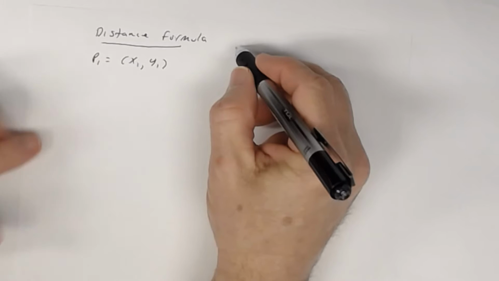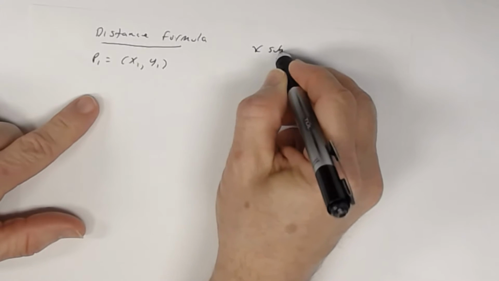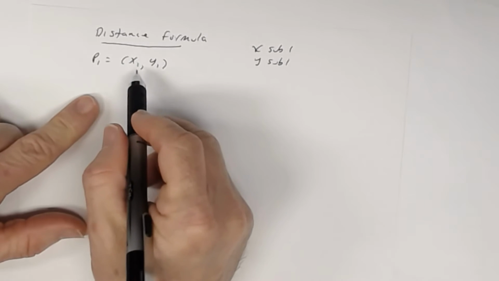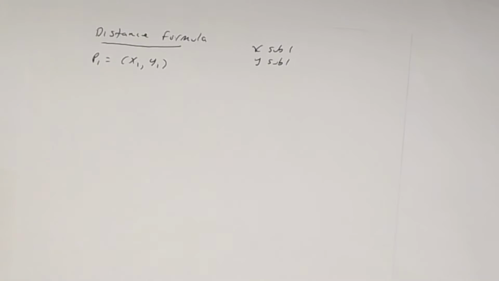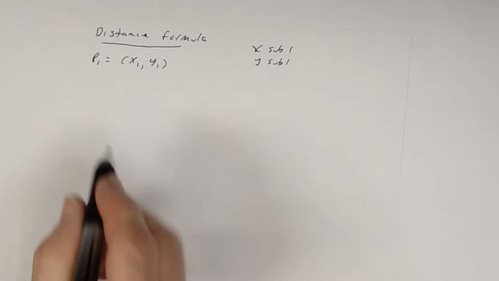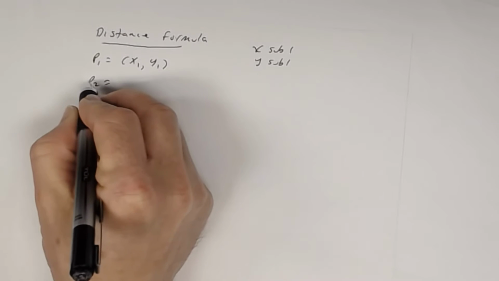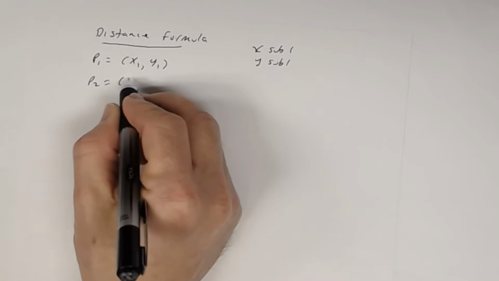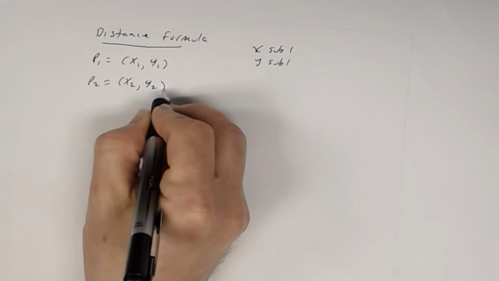Remember, I'm reading this as x sub 1, y sub 1. These are subscripts. And then point 2, let's say p sub 2 is x2 comma y2.